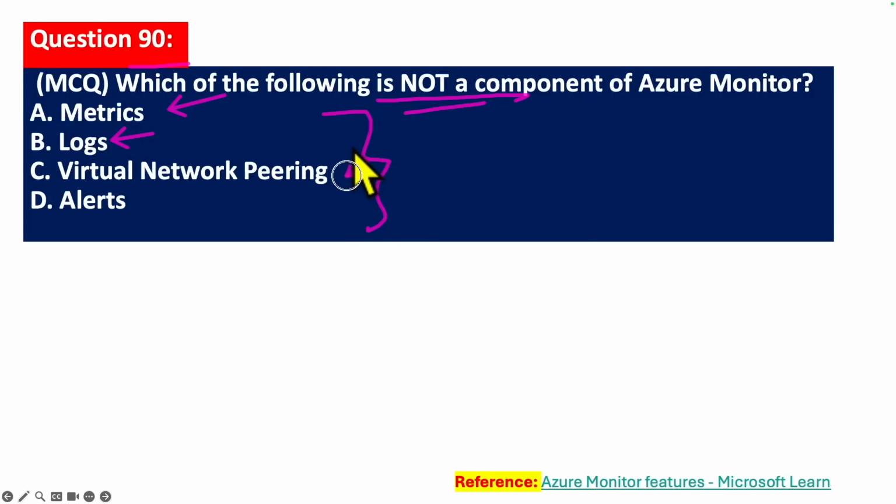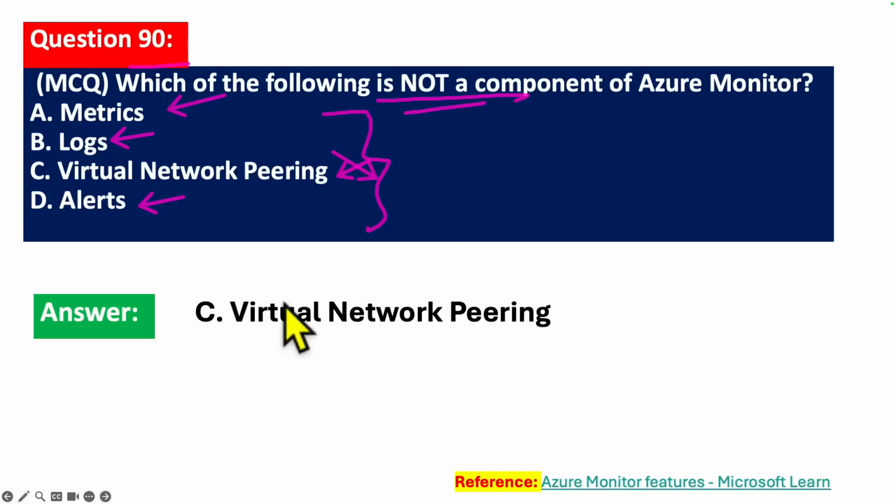Next is virtual network peering. This is definitely not part of Azure Monitor. Virtual network peering is part of networking, a network component to connect two different networks together for communication. The fourth option is alerts. Alerts are definitely part of Azure Monitor, which helps you get notified of critical conditions or issues within your Azure resources, helping you respond quickly and mitigate any potential problems.